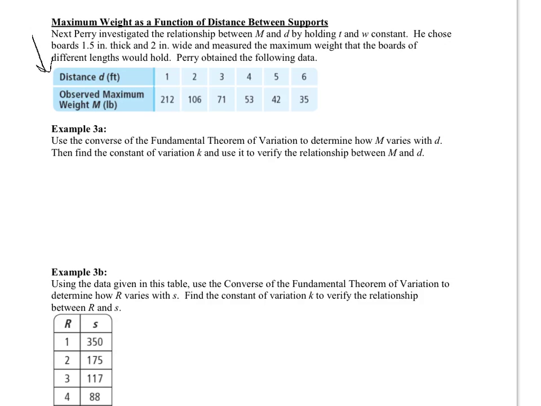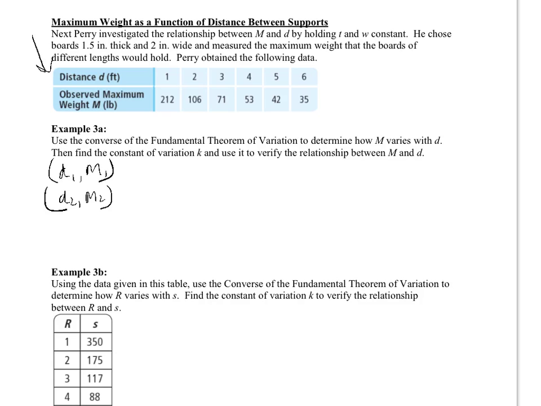Example 3a: use the converse of the fundamental theorem of variation to determine how m varies with d. Then find the constant of variation k and use it to verify the relationship between m and d. We're going to select data points this time: d1 and m1, and d2 and m2, and we want d2 to be double d1.